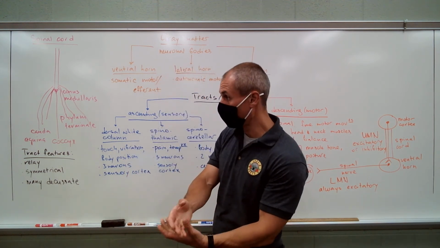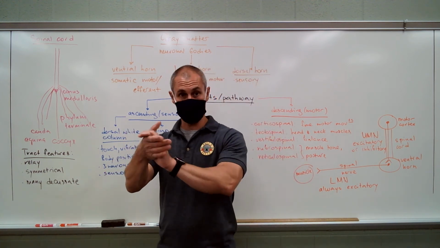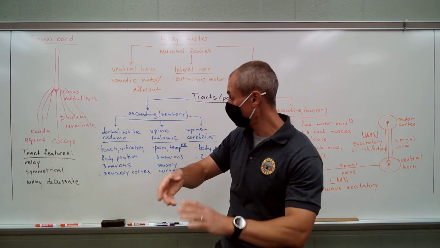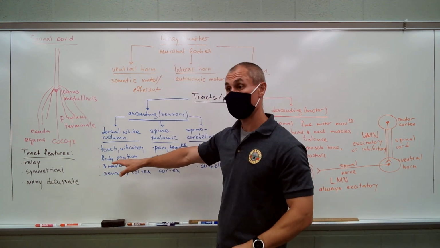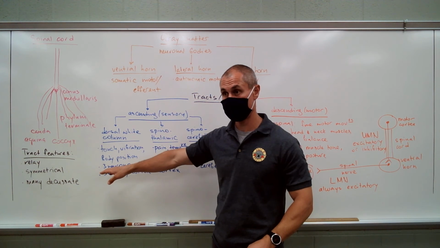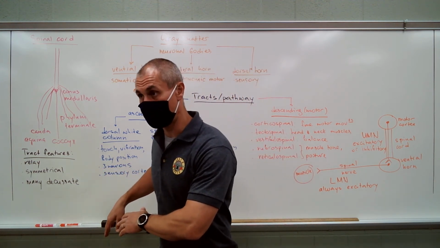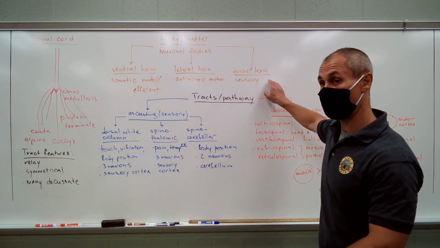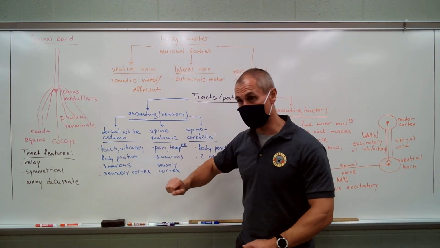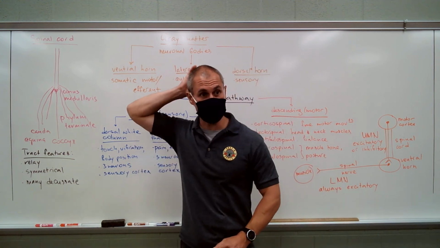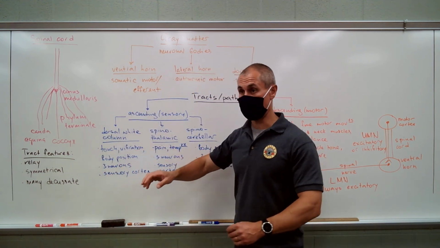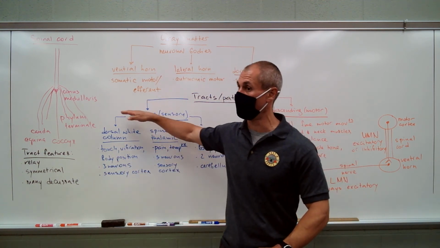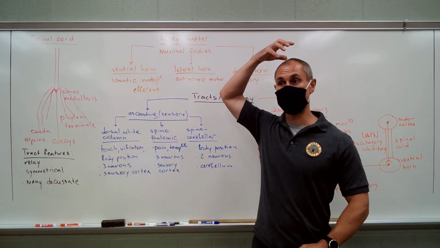So that squeeze is detected by sensory receptors, and the sensation of touch and squeezing goes through the first order neurons to the spinal cord. First order neurons synapse in the dorsal horn with the second order neurons, which run all the way to the thalamus. They synapse with third order neurons. I'm talking about the ascending tract. It's all dorsal white column now. That goes all the way to my sensory cortex.